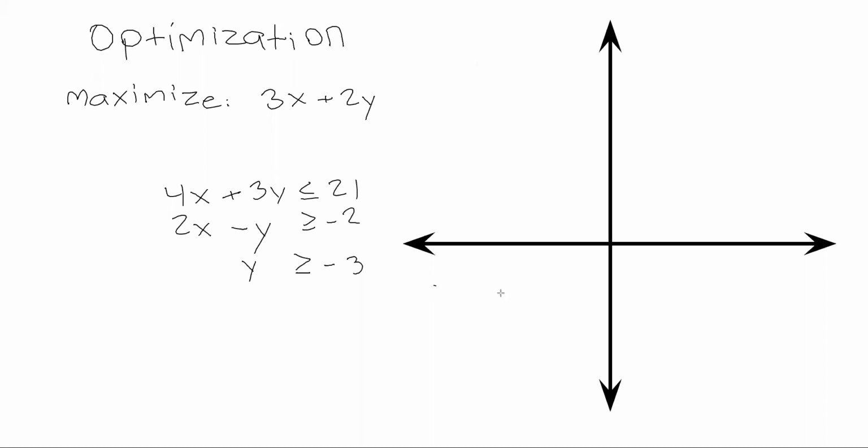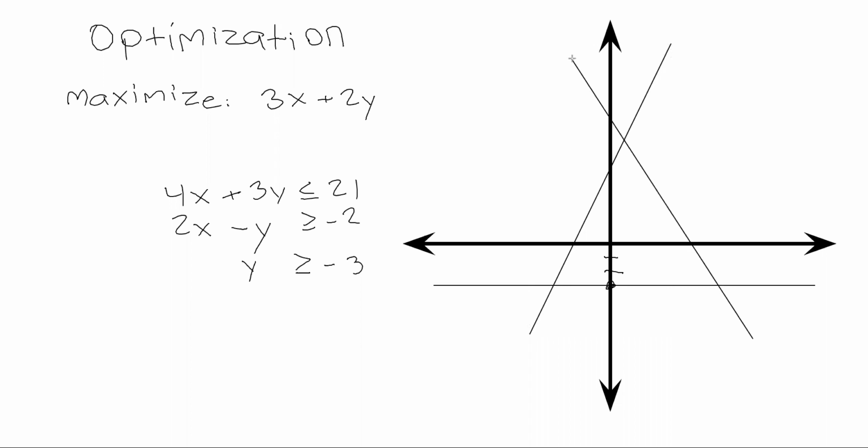So we have the line y equals -3 along the bottom. And then we have a line going up like this, and then another one exhibiting similar behavior.